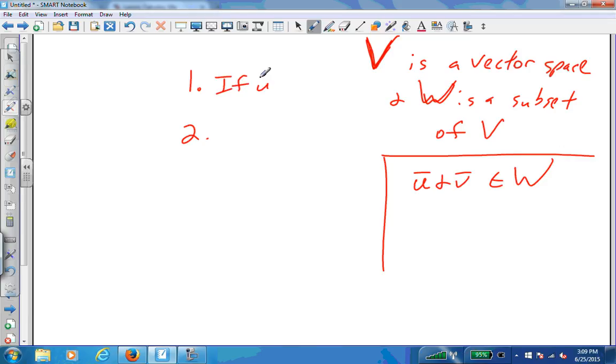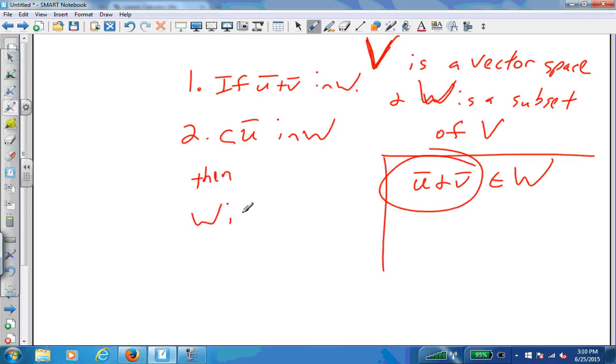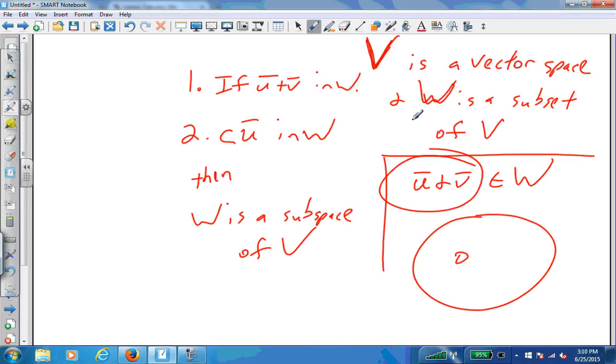If u plus v is in W, so if we're closed under addition, you add something in W plus something else in W and get something in W. And if we take some scalar times any vector in W and get something that's in W, then W is not only a subset, W is a subspace of V. So it's a vector space which is a subset of a bigger space, so we call that a subspace of the overall space.